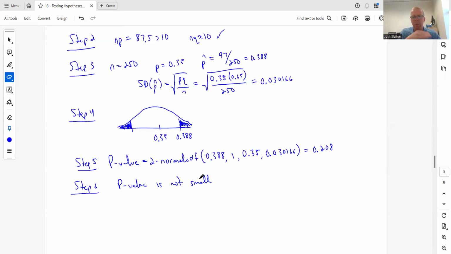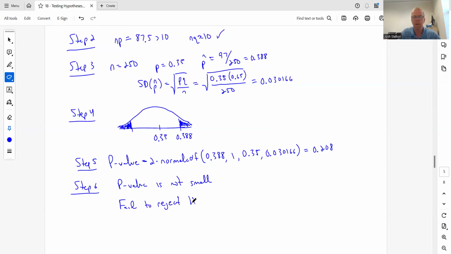But for now, just assume 5% is the cutoff. So this is above 5%, so that is not small. If it is not small, we fail to reject the null hypothesis. So not small, we do not reject.